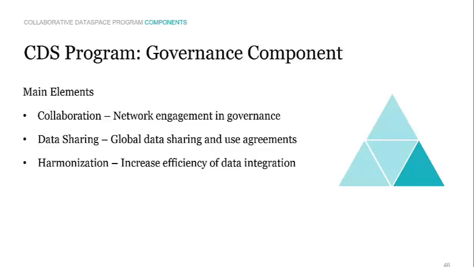And for the collaboration, this is a major theme of the program. And we feel like by engaging our network partners in the governance structure, that we're going to see more buy-in from our network partners, and hopefully more ownership for it as well.